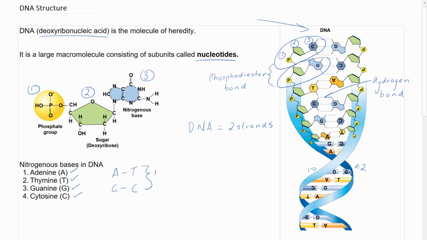This is referred to as the base pairing rule. What it means is that DNA is always going to have complementary strands. In other words, one strand always complements the other because of adenine always bonding with thymine and guanine always bonding with cytosine.